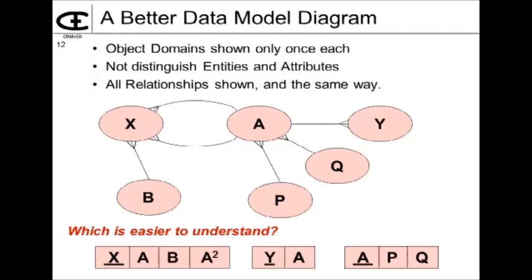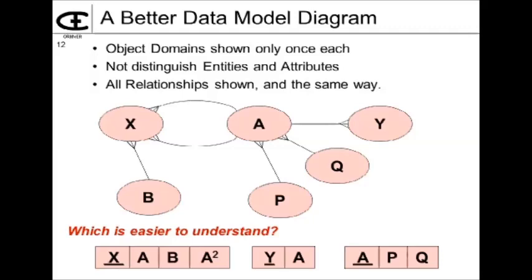And all relationships, whether they're going to be inside of a table or between tables, are represented in the same way. I haven't shown any dependencies here. Okay, right now, B is dependent upon X, and P and Q are dependent upon A. That's all I can say here. I can't say that A is dependent upon X or Y. Right?